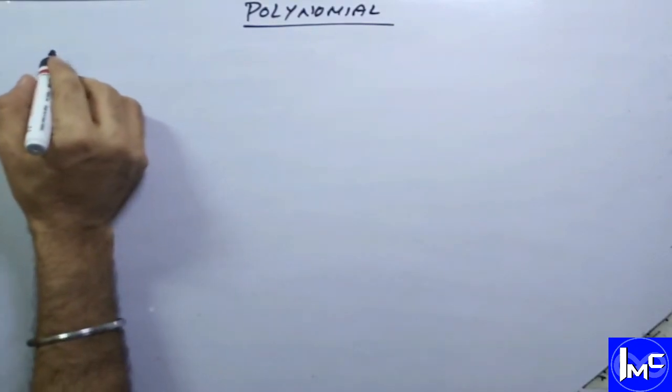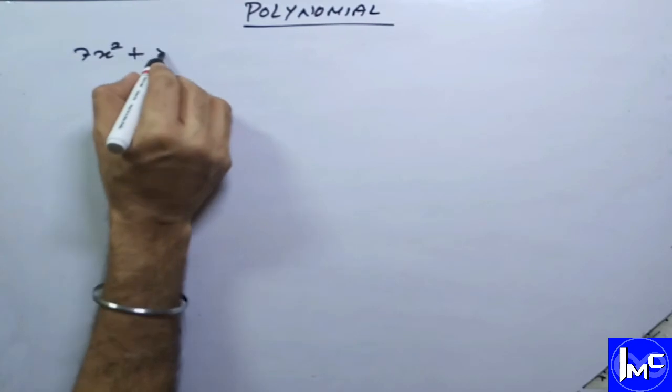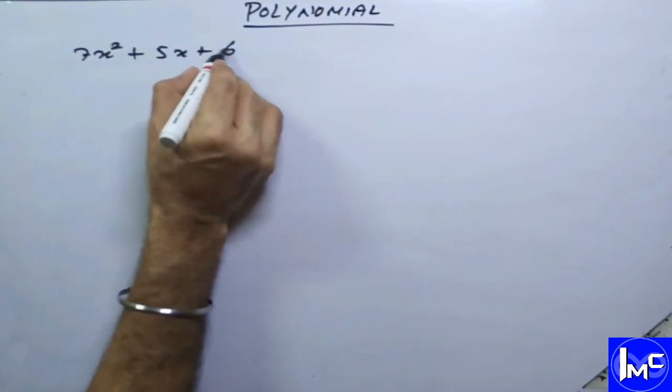Further, for the classification of the polynomials, first of all we have to learn about the number of terms and the degree of a polynomial. Let us say I take a polynomial 7x square plus 5x plus 6.